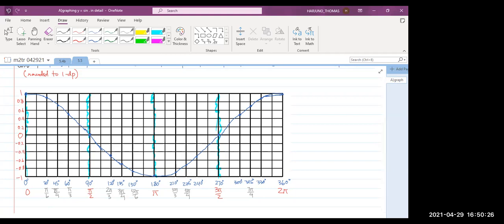No, this is not 7 pi over 6, that's right. Okay, that's what it looks like.